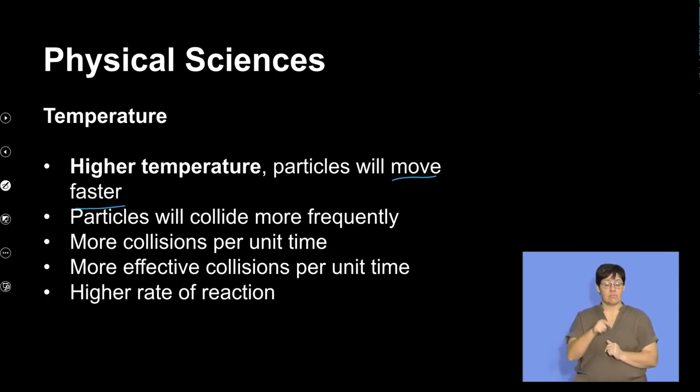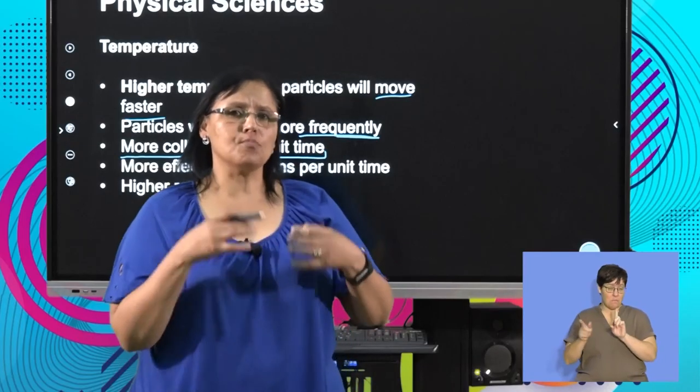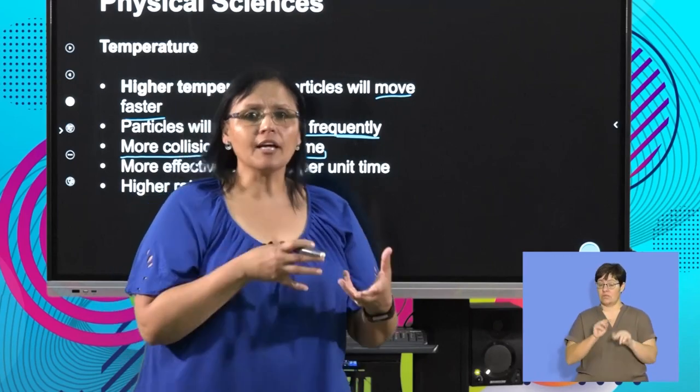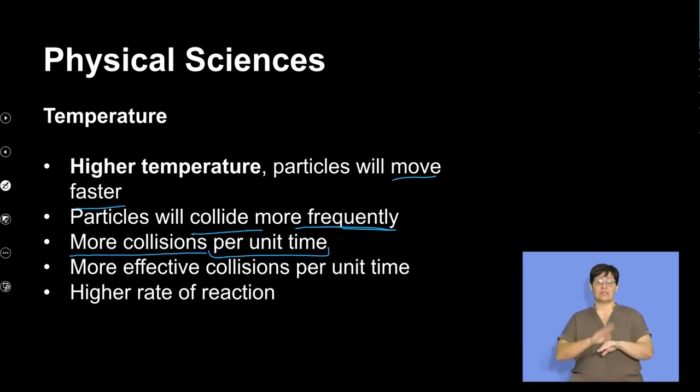The particles will collide more frequently, meaning they will bump more frequently. And if we have that bumping more frequently, we obviously have more collisions per unit time, but because there are more particle collisions per unit time, the likelihood of having effective collisions per unit time is very high. So we will have more effective collisions per unit time.